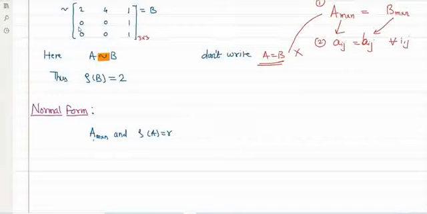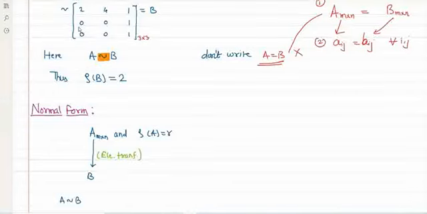Then from this matrix we are obtaining a new matrix B which is equivalent to A. Okay, here this A and B are equivalent. Means what you are doing? You are obtaining this matrix B from a matrix A by applying elementary transformation.